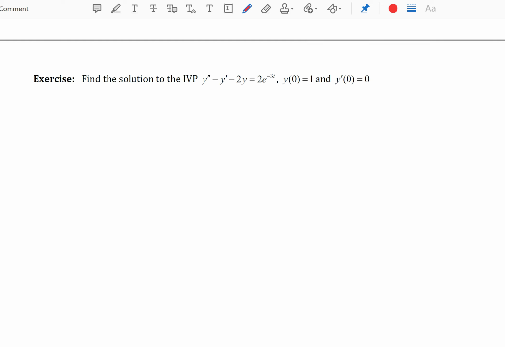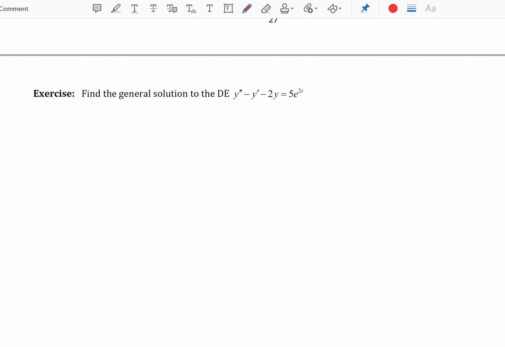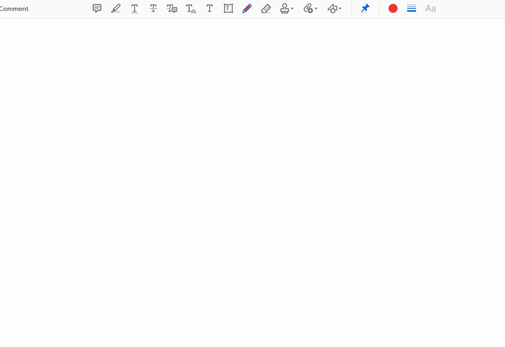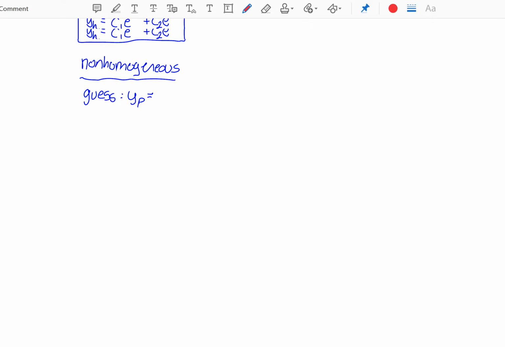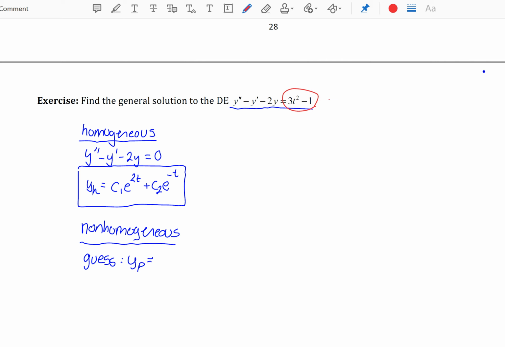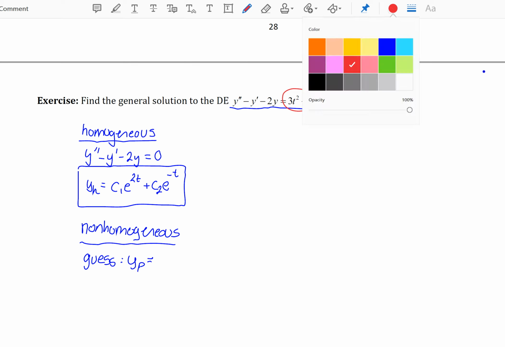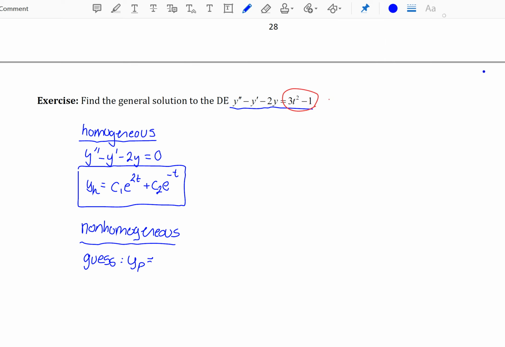So what do I mean by that? Our forcing function is just 3t squared minus 1. It's missing the t term in the middle. But we need to include all terms.